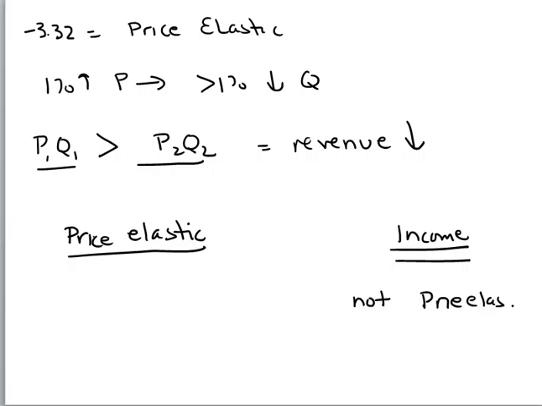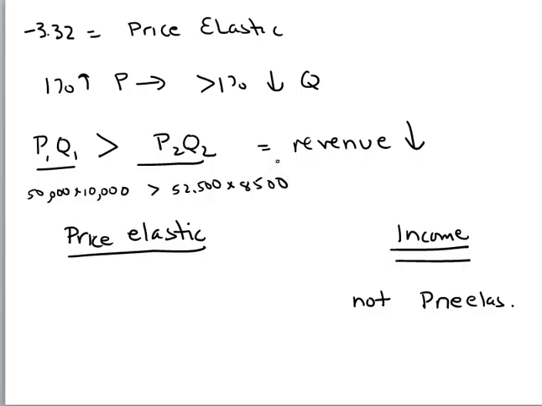And indeed it's not. Anytime you have a price elastic good and you increase the price, your final revenue will be less than the original revenue. You can check this by multiplying P1 times Q1, 50,000 times 10,000, and you will see that that's greater than 52,500 times 8,500.